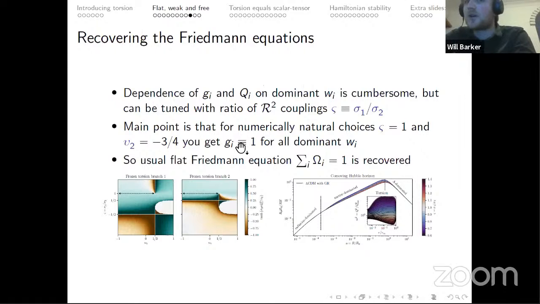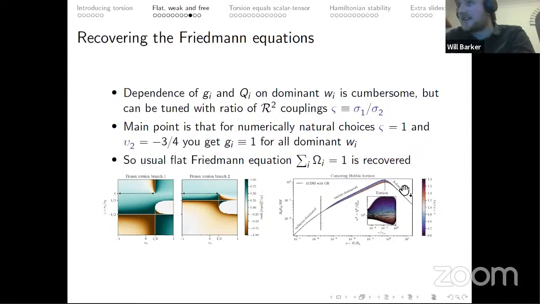In the general case, that's quite complicated, but it turns out that of the remaining free couplings in the theory, you can pick a ratio of 2 of them equal to 1, and that has the effect that no matter which fluid is dominant, you're always going to get a flat Friedmann solution out.